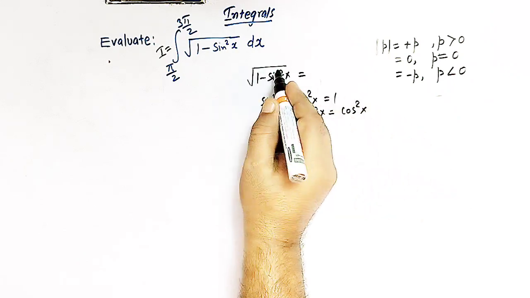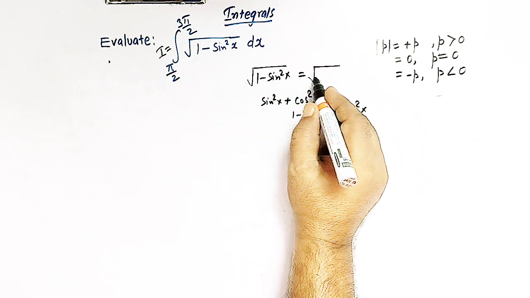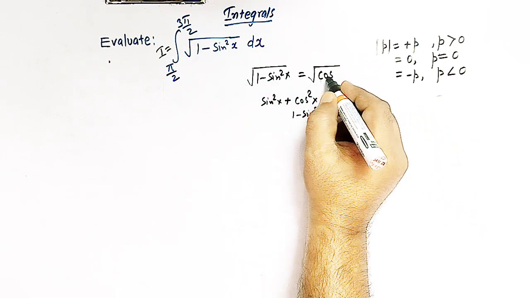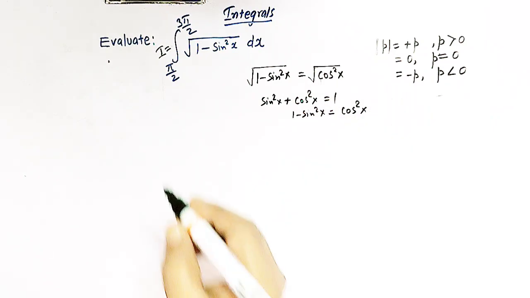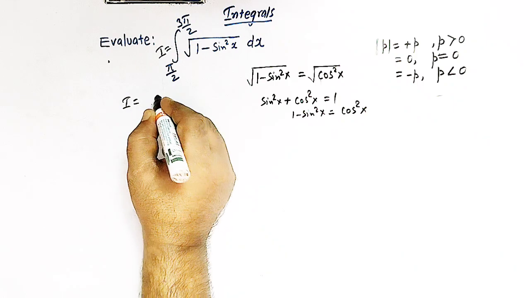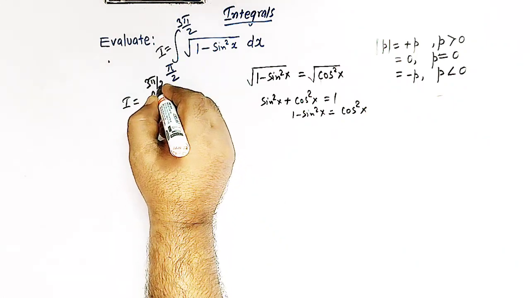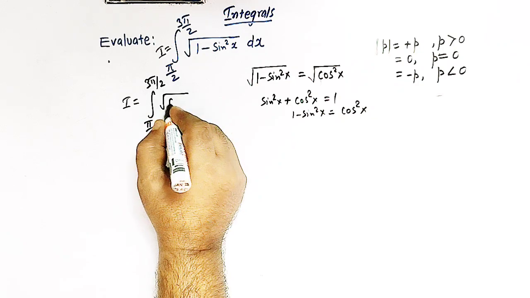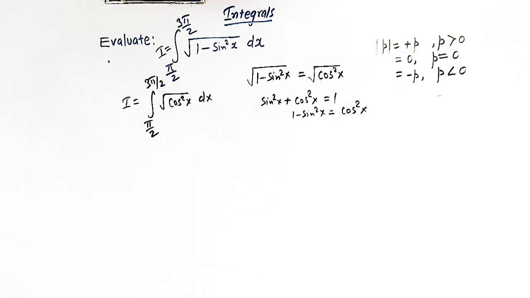So here square root of 1 minus sine square x is now equal to square root of cosine square x. So now our integral I takes the form that is pi by 2 to 3 pi by 2, and here we have square root of cos square x and dx, right?